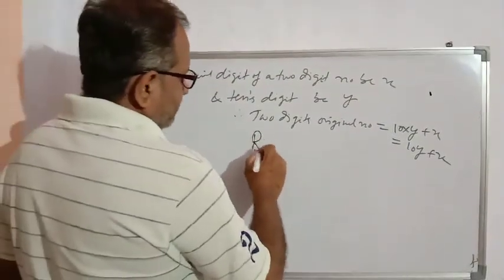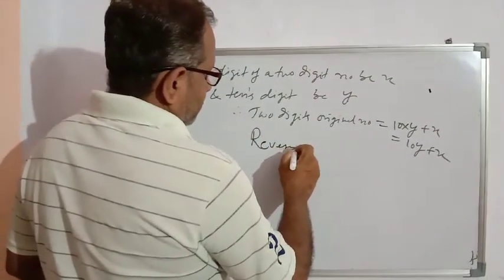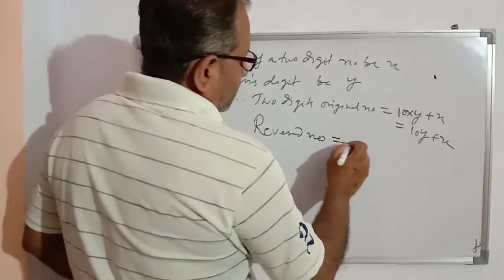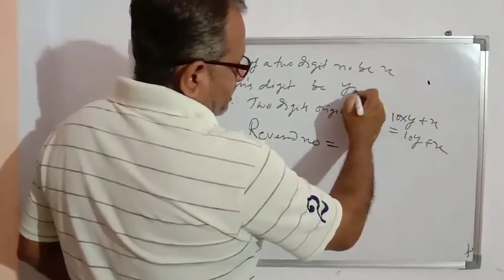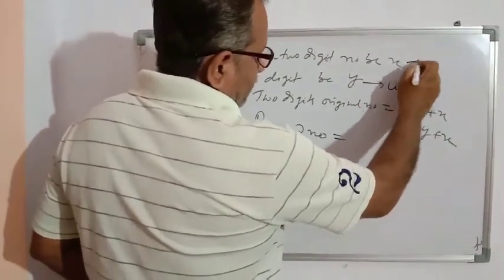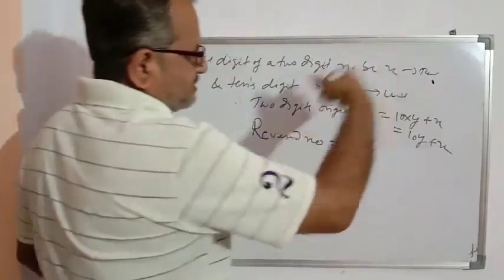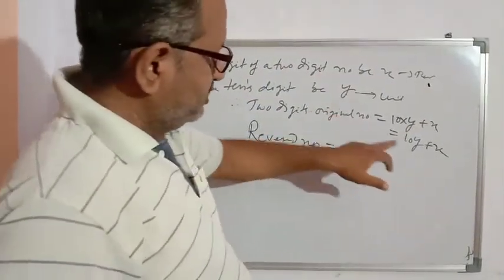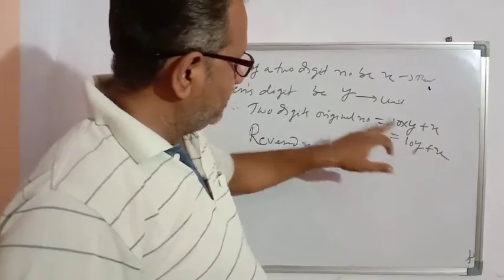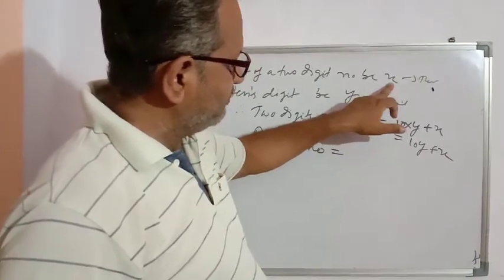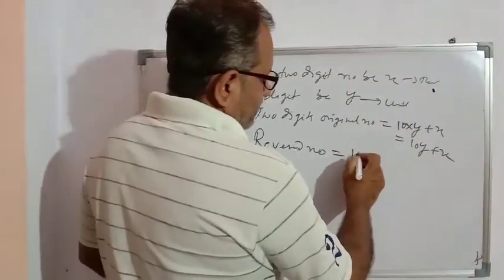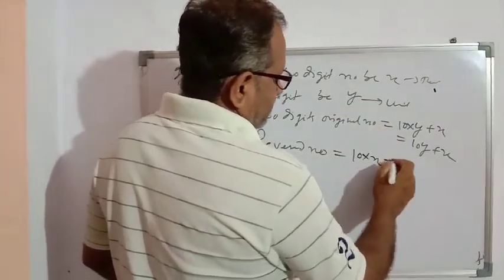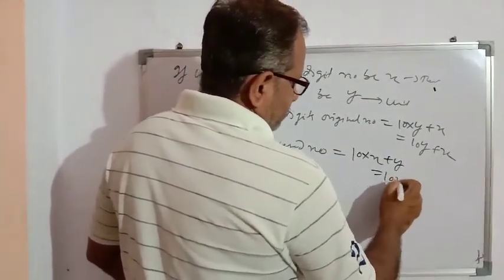How will we find the reverse number? In a reverse number, y will be the unit digit and x will be the tens digit. The digits will be reversed. So the original number is 10y plus x. In the case of the reverse number, the tens digit will become x, so we will write 10 into x and the unit digit y. So 10x plus y.